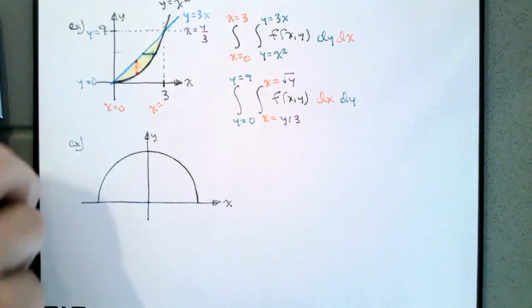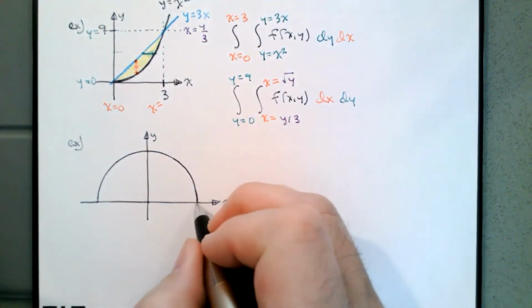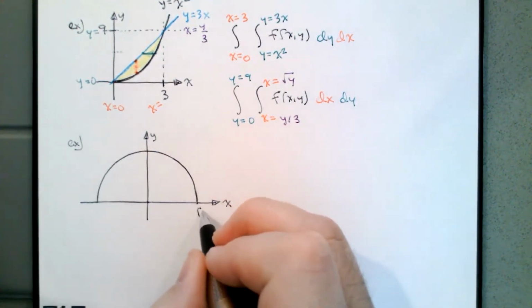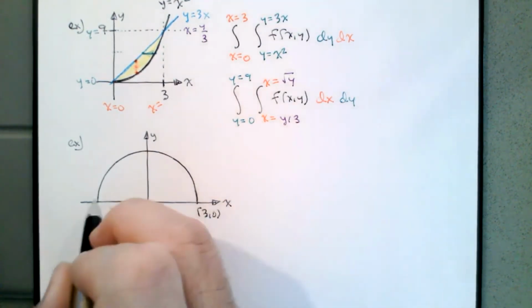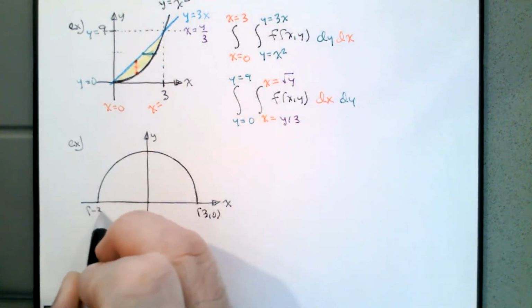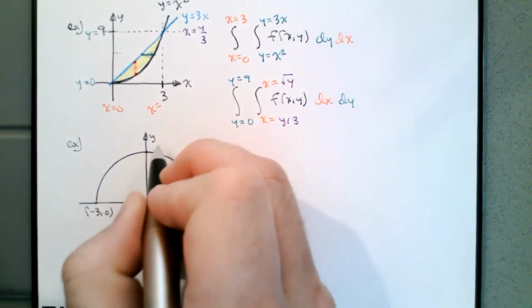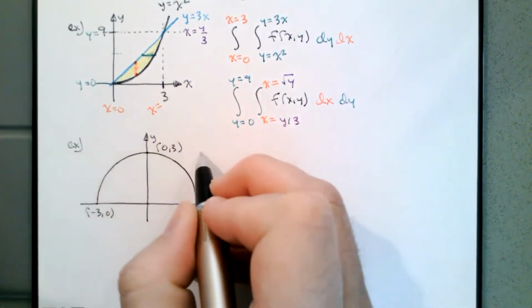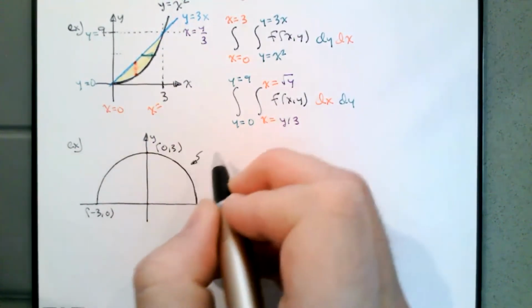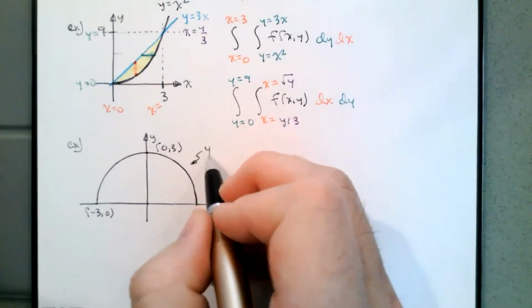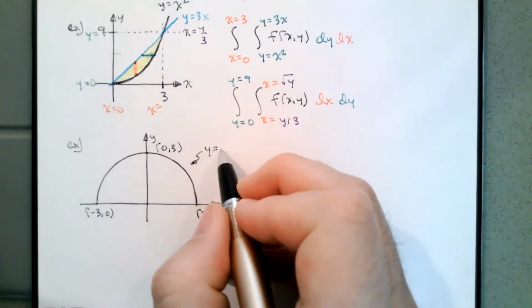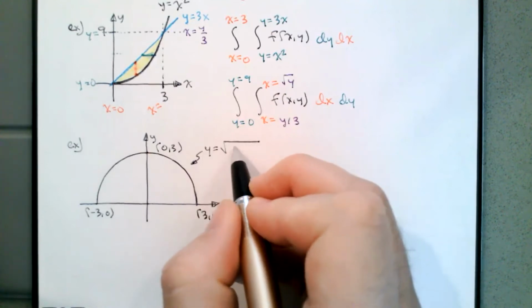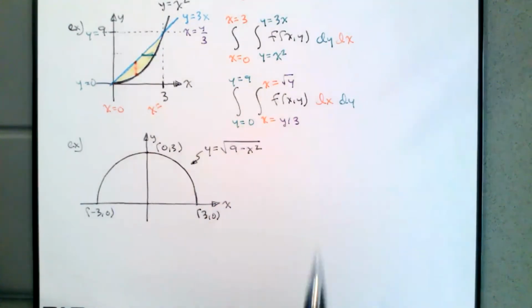Let's suppose that our region, let's see, this is going to be at (3, 0), and this will be at (-3, 0), and this will be at (0, 3). So let's suppose that this is the function y equals the square root of 9 minus x squared.